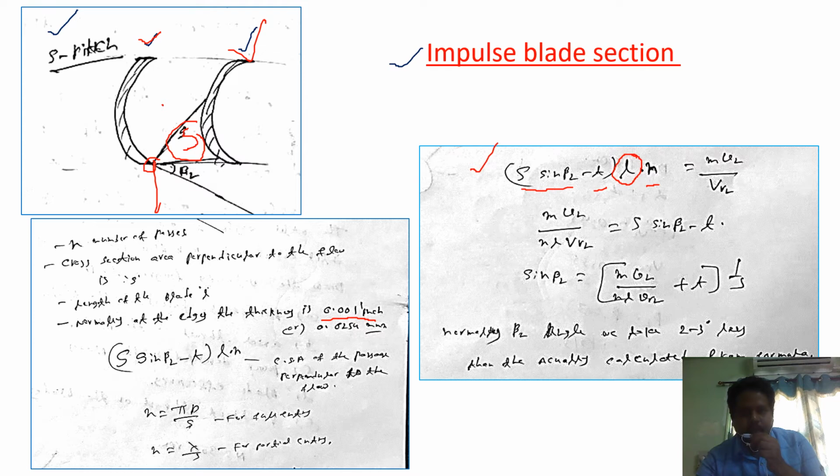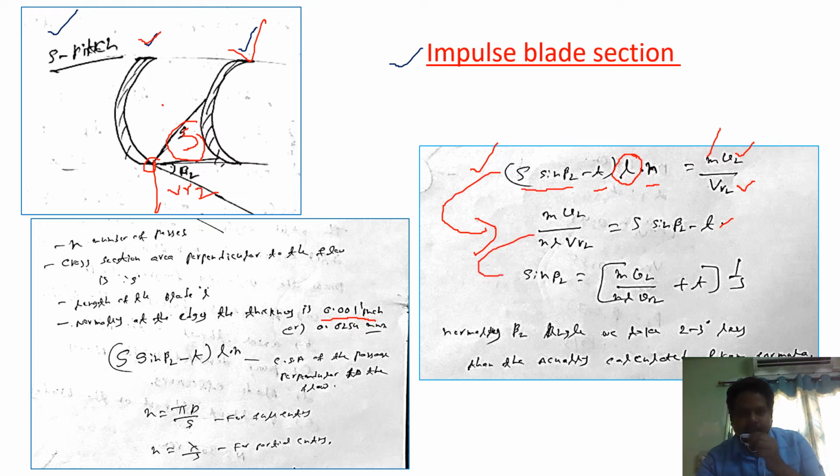That would be equal to the product of mass flow rate and specific volume divided by VR2. VR2 means the relative velocity at the exit. So we can write it as m v2, where v2 is the specific volume, divided by n L VR2 equals S sin beta 2 minus T. Here T is the thickness of the edge.